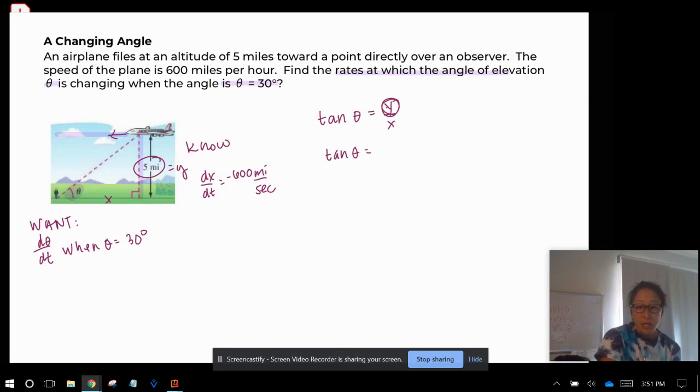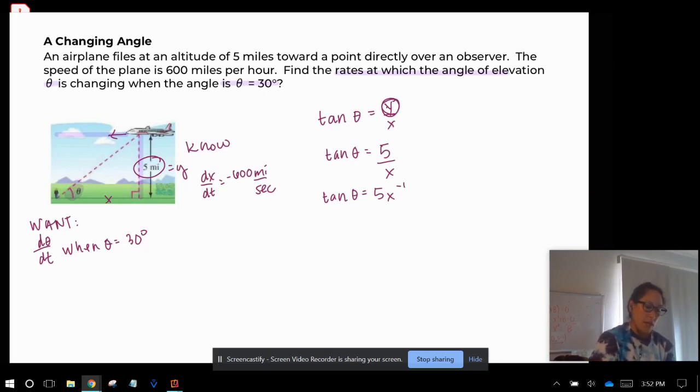Does it ever change? Does the height of the airplane ever change? No. So we can actually plug in 5 here, okay? So 5 over x. I have the tangent theta is equal to 5x to the negative 1.